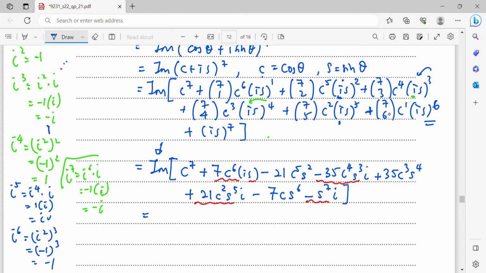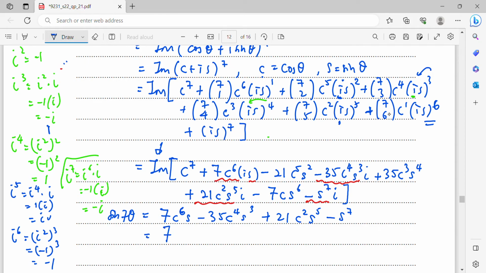So I will write, this is 7C^6S minus 35C^4S^3 plus 21C^2S^5 minus S^7. This is going to be my sine 7 theta. Okay, so now I can change back my C and S to be sine and cos, right?